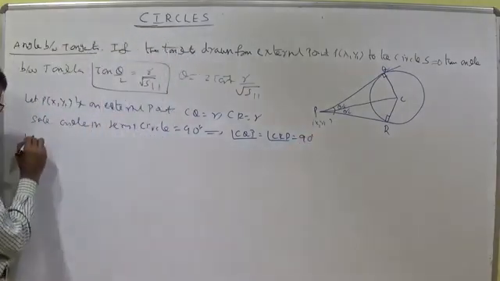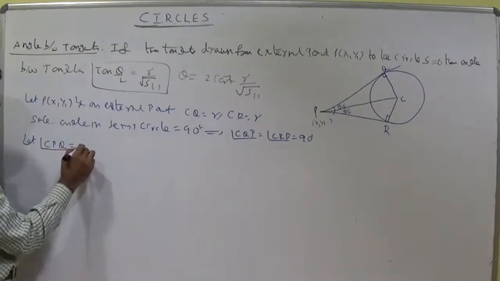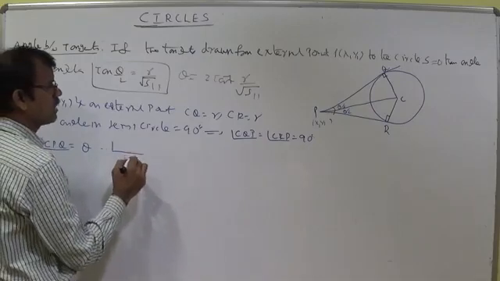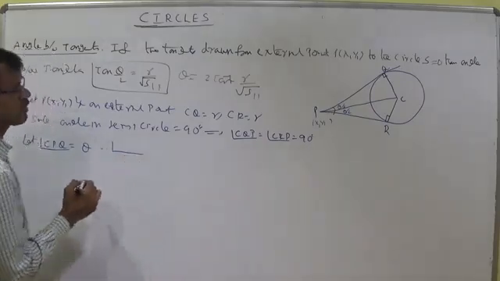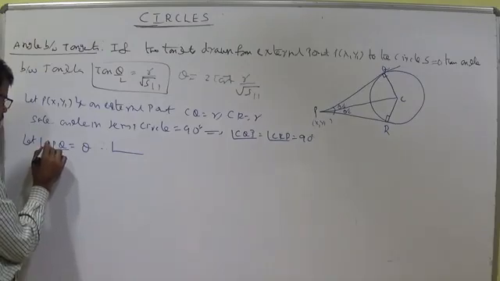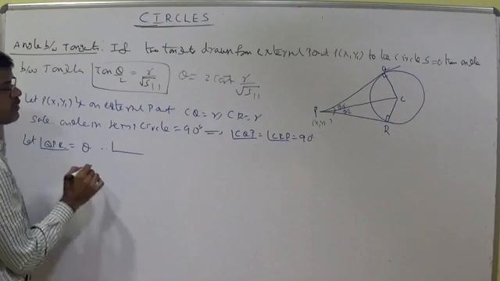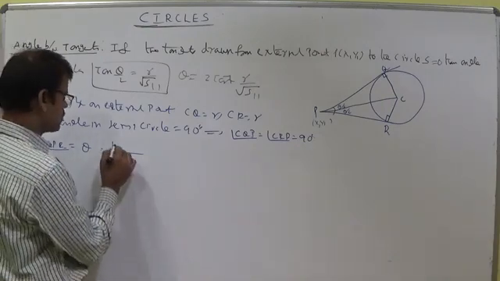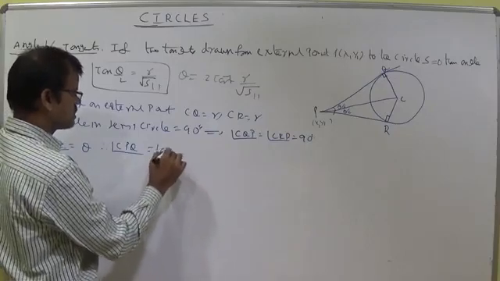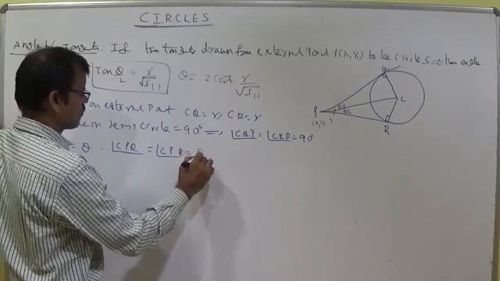Now I am writing here, let angle QPR be theta. So angle CPQ is equal to angle CPR is equal to theta by 2.